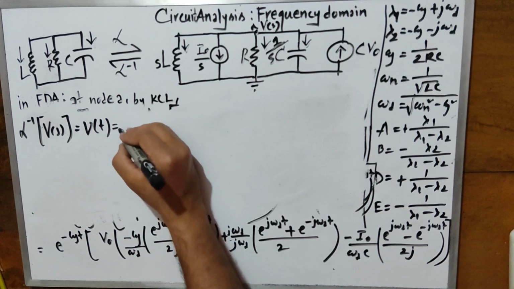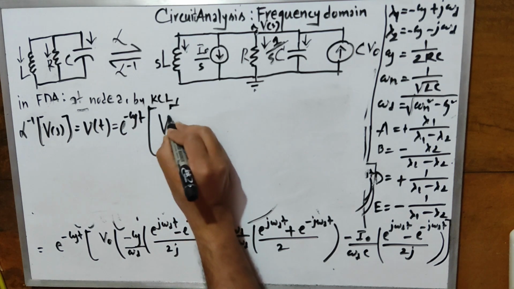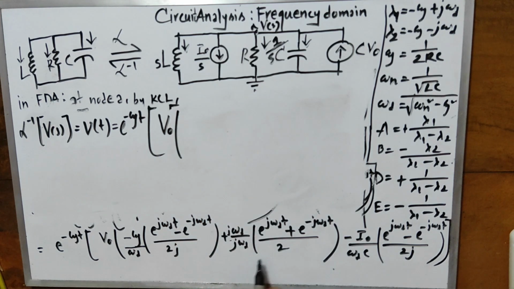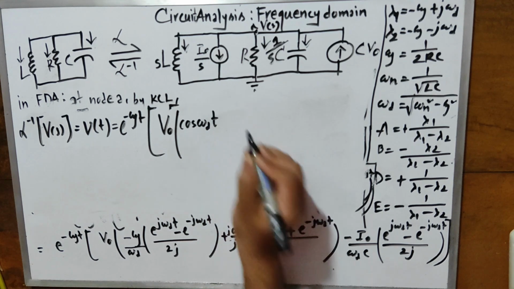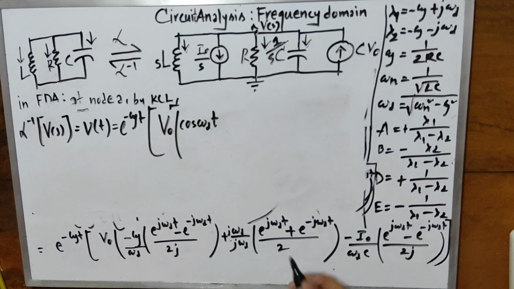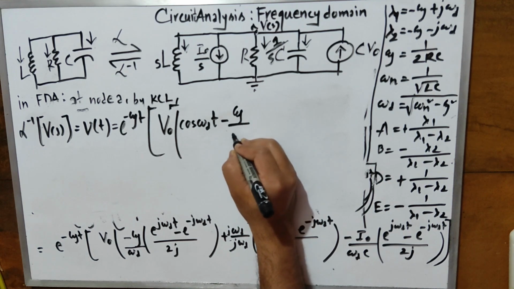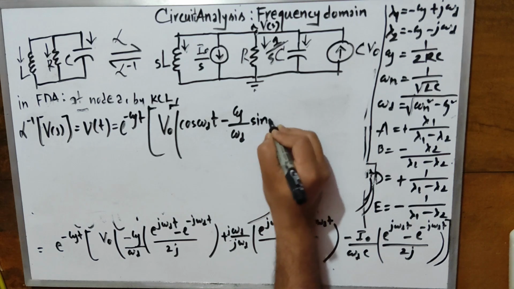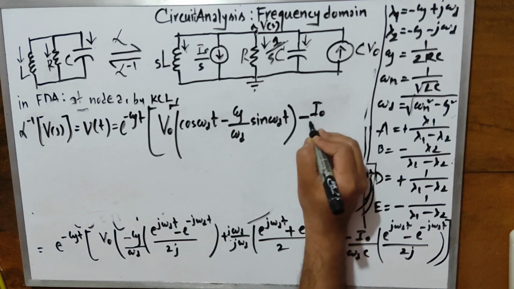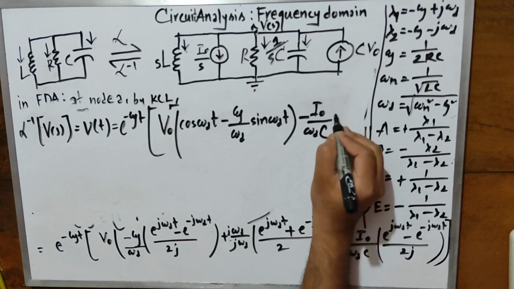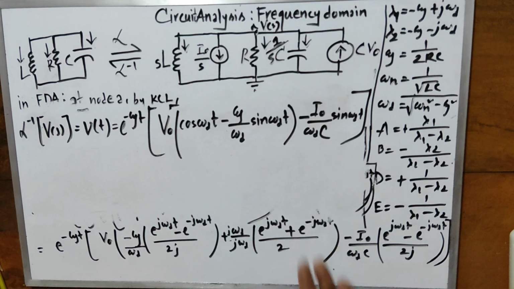If I write this, exponential minus psi t, initial voltage, and this is cos omega d t, and j omega d by j omega d cuts out, so there's nothing in the coefficient, minus psi or zeta by omega d sine omega d t, minus I0 by omega d C sine omega d t. So this is the answer.